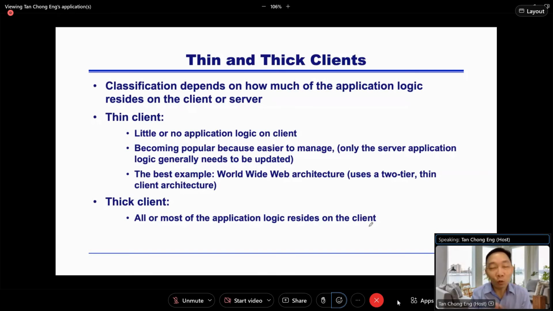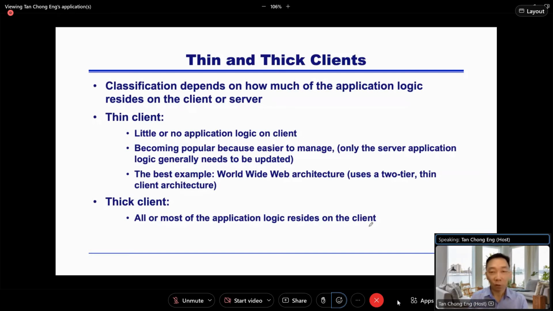From the name, I think you can tell. Thin clients are actually very much thin, skinny, not much meat. So they will have less functionality inside a thin client. And then thick clients are the clients that have a lot of functionality.